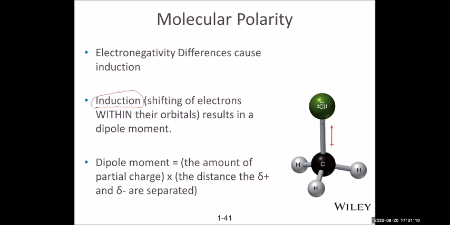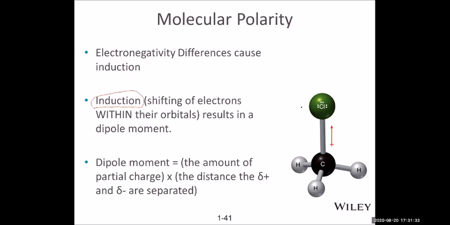So for example, chlorine and carbon. Based on the electronegativity, chlorine is more to the right in that row, so that makes chlorine have higher electronegativity than carbon. Because of the difference, the high electronegativity pulls the electrons harder.